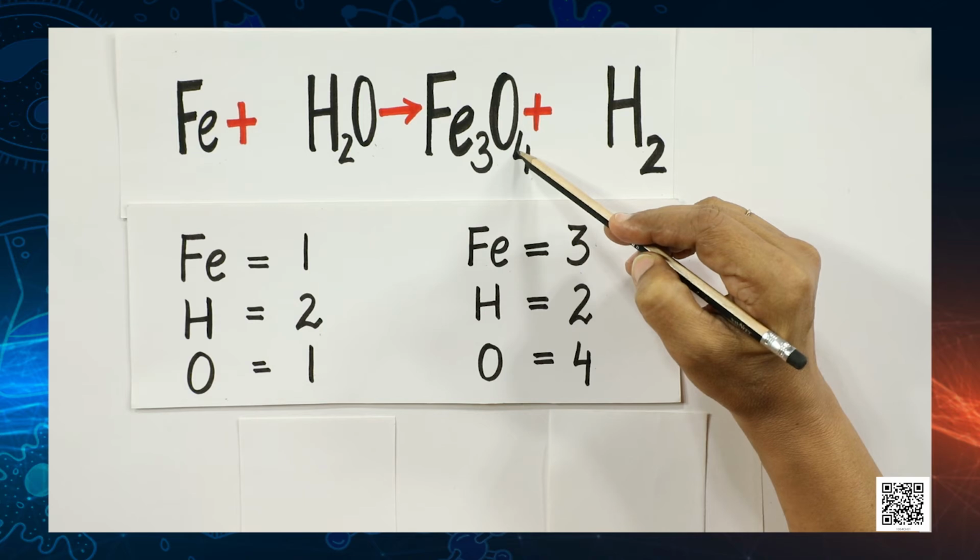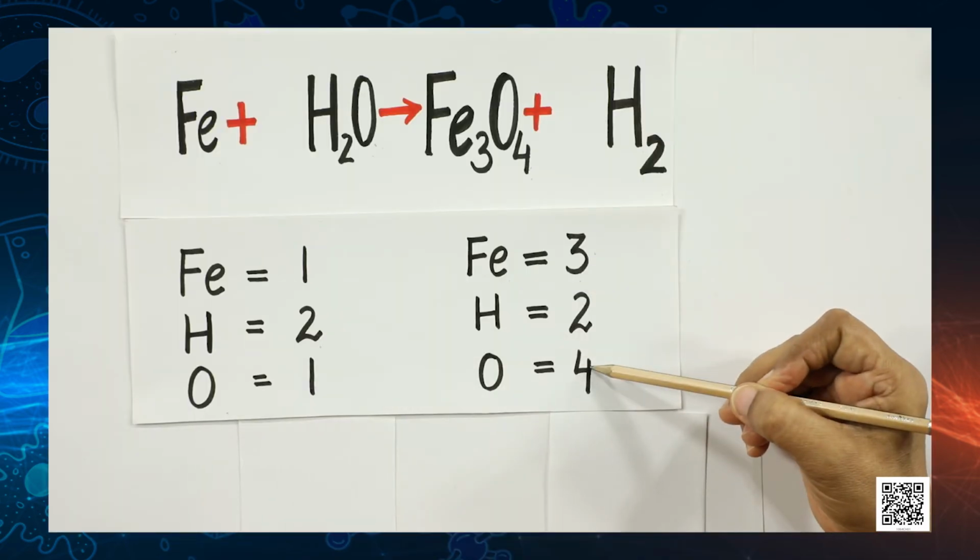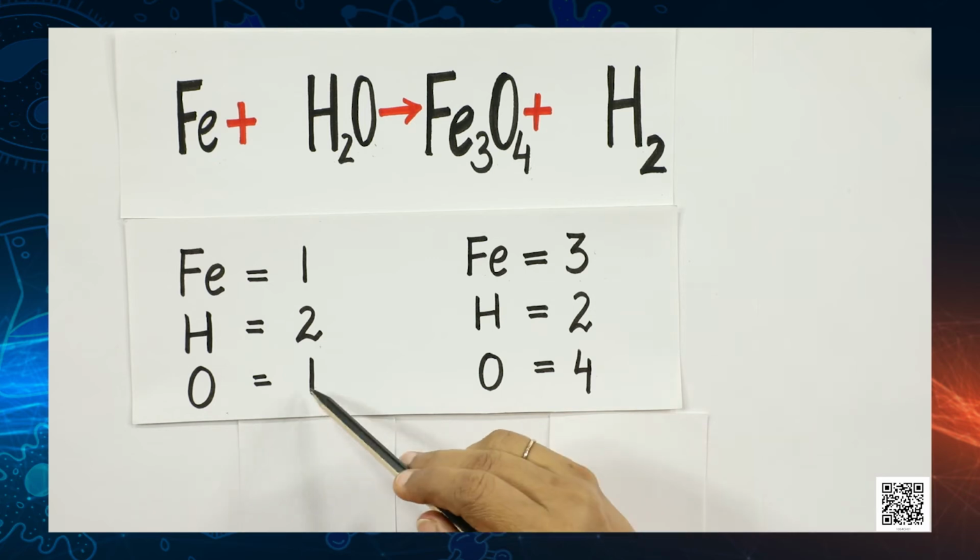Using this criteria, in this reaction we can select iron oxide, and which element do we select? Oxygen. So, here there are 4 atoms of oxygen and only 1 oxygen on the left hand side. So, let us start by balancing oxygen atoms.